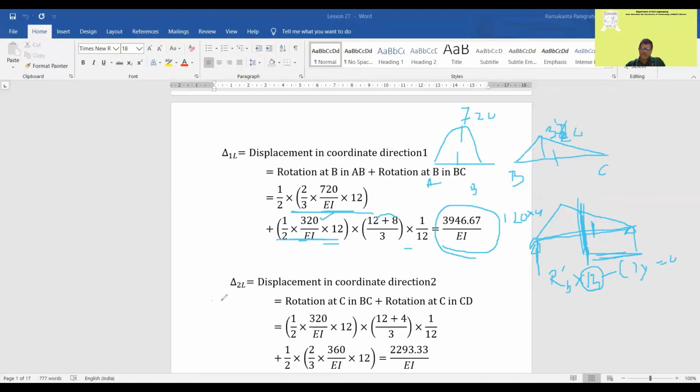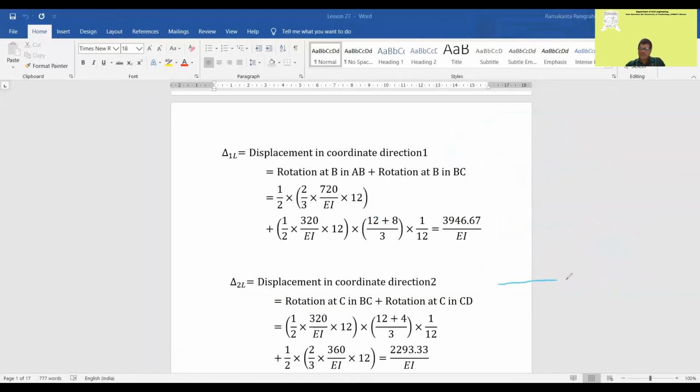Now for displacement in coordinate 2, displacement in coordinate 2 is equal to rotation at C in BC and rotation at C in CD. Now there are two different things that will come here. Now here you have BC like this, you have the CD like this.